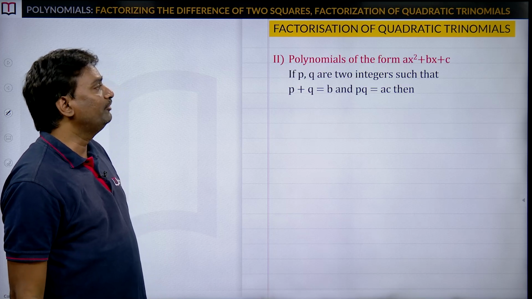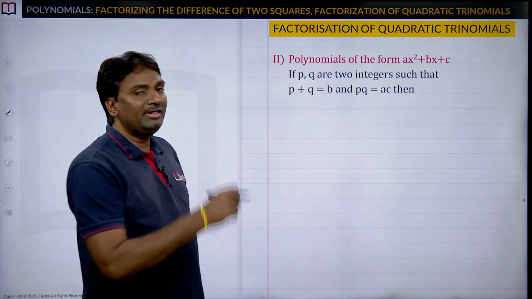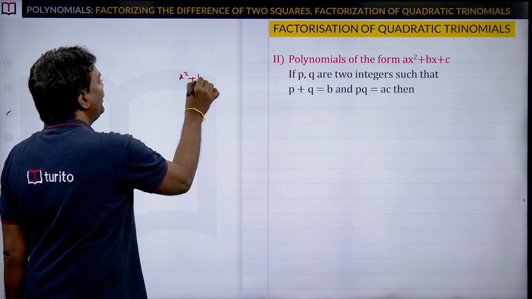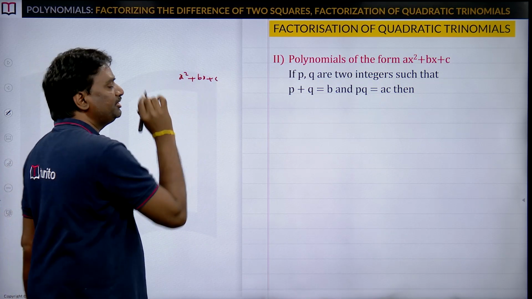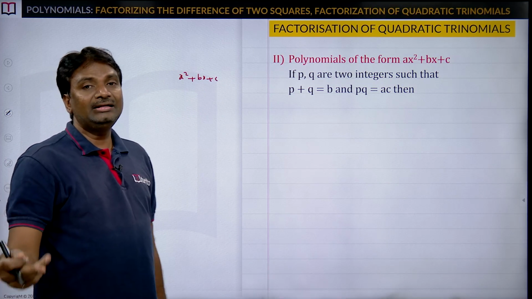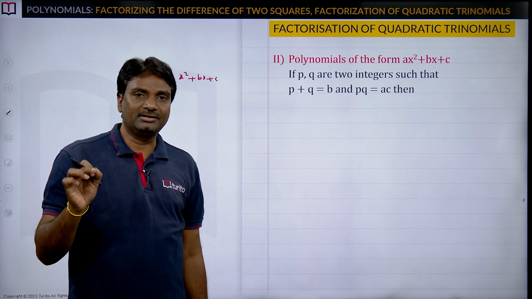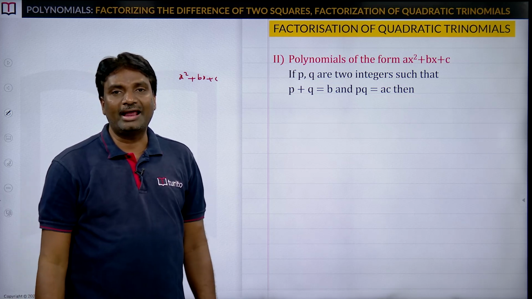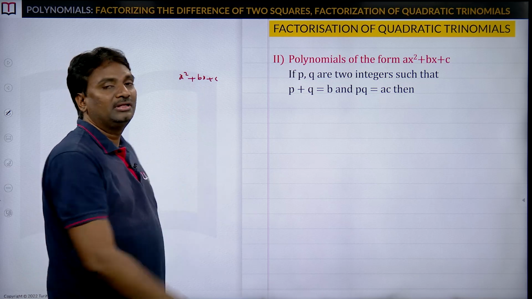Next, in the previous case we took the polynomial in the form x square plus bx plus c, meaning the coefficient of x square is 1. But it is not necessary that the given polynomial always has the coefficient of x square as 1. Sometimes we may have ax square.